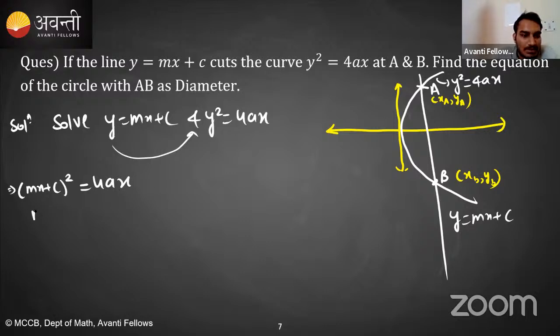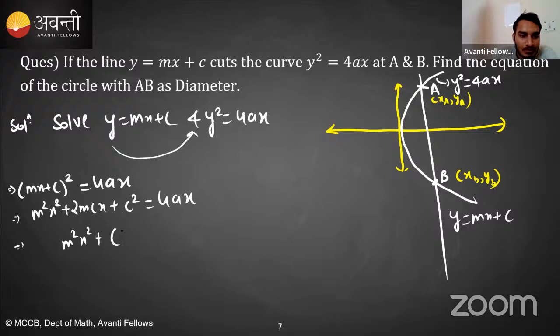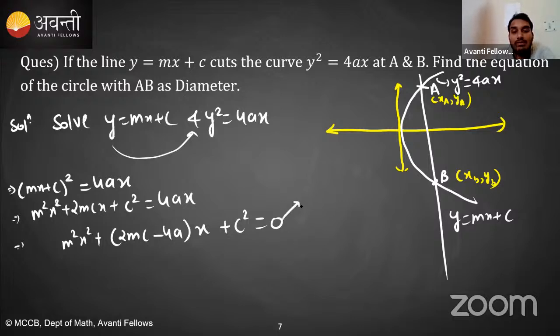So it implies m square x square plus 2mcx plus c square is equal to 4ax. So what are we getting? m square x square plus (2mc minus 4a) into x plus c square is equal to 0. This is a quadratic equation, so we should be able to get the two roots.